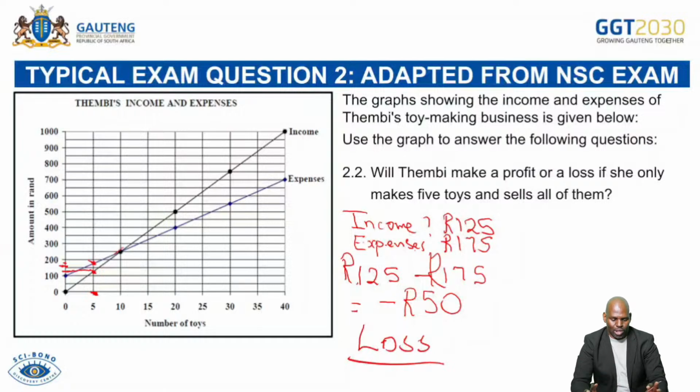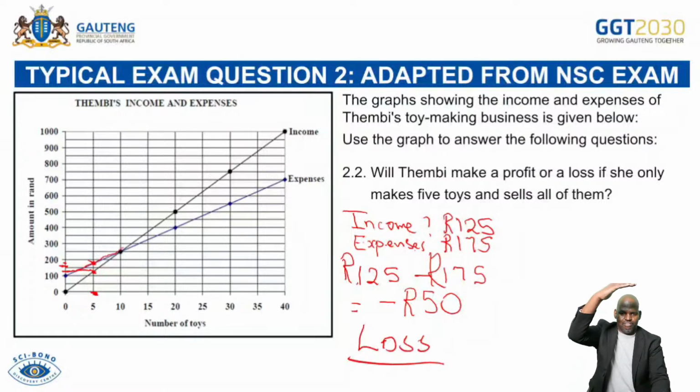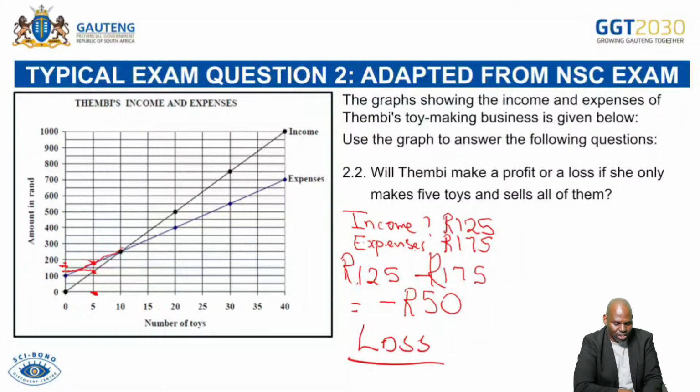But some learners might look at the graph like the way I explained it before. If you look at this point, you can see that the graph of expenses is above the graph of income. So anywhere here where the graph of expenses is above the graph of income, that is where a loss is.